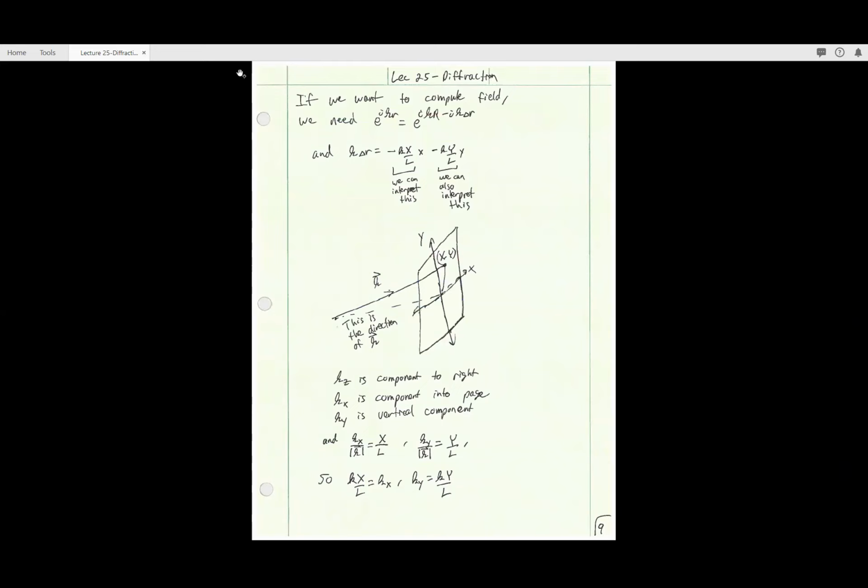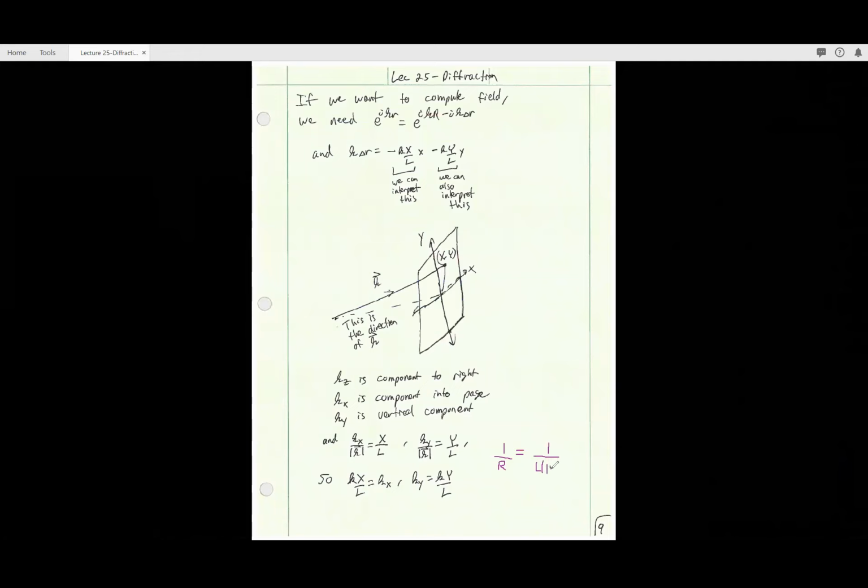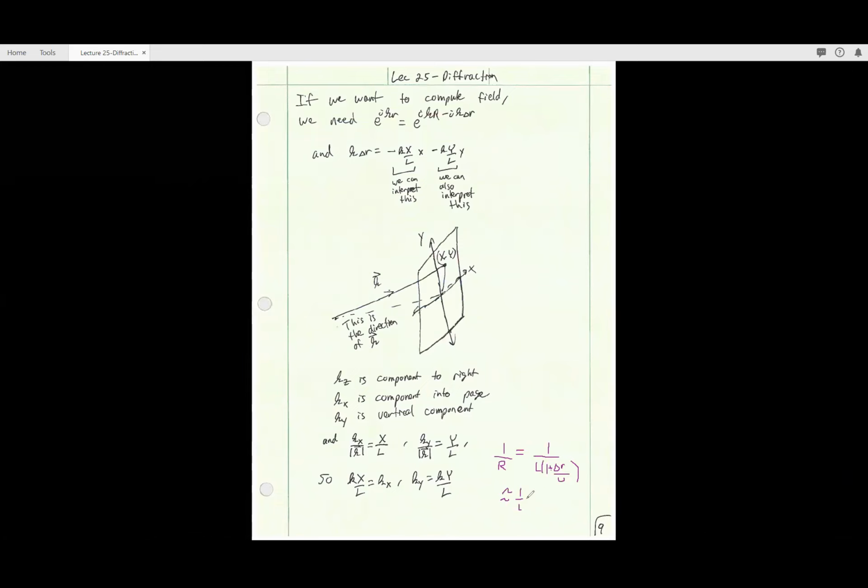And if we were to do this more precisely, it turns out that we would get that 1 over R is 1 over L times 1 plus delta R over L. And that is roughly, I should have done this, 1 over L minus delta R over L. You know what?